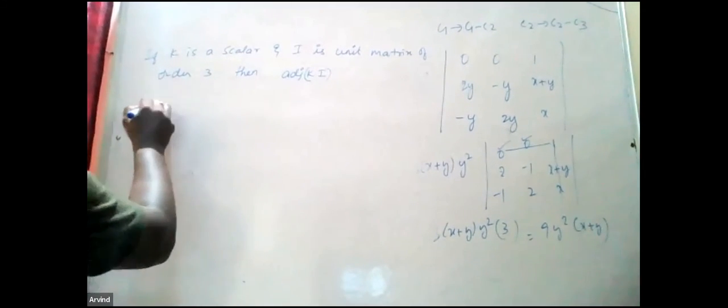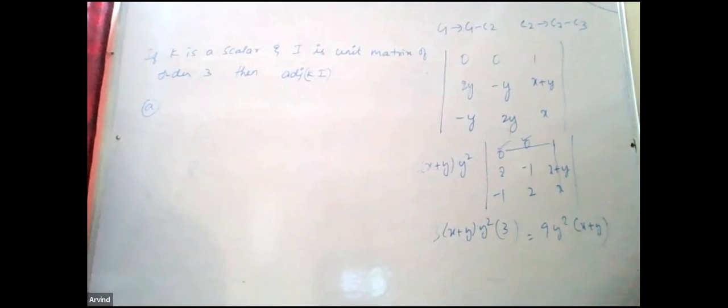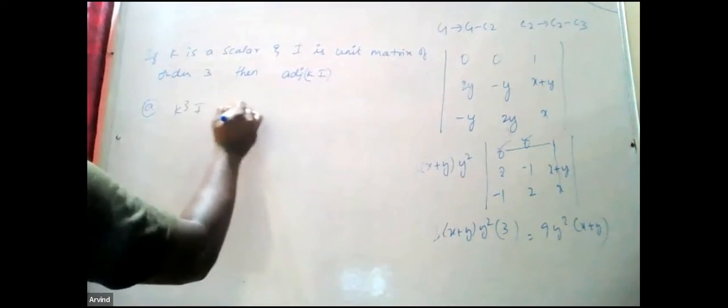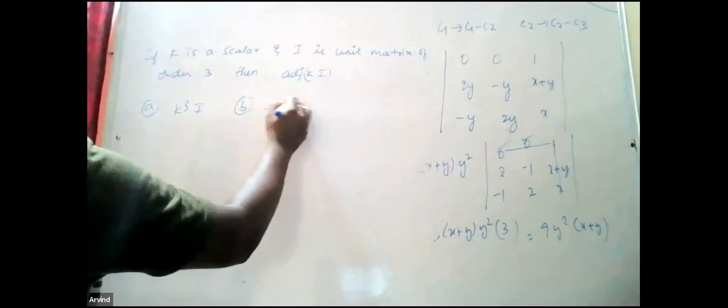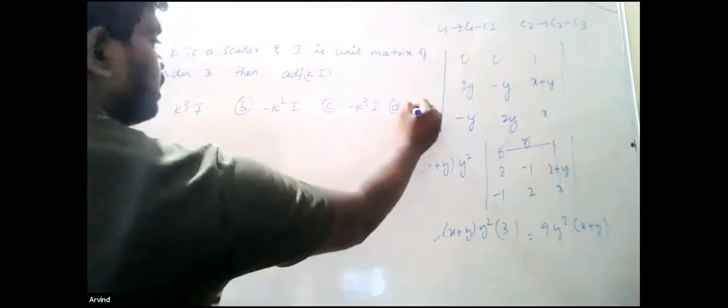I'll give you the options. Option A, K cube I. Option B, minus K square I. Option C, minus K cube I. Option D, K square I.